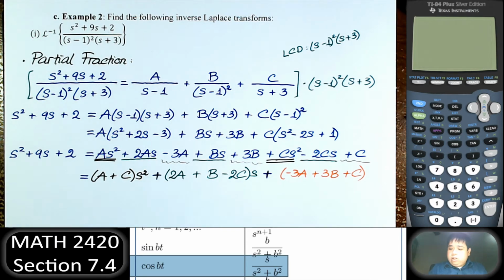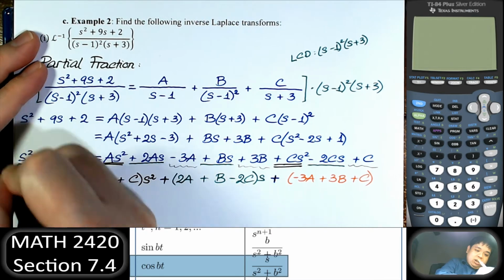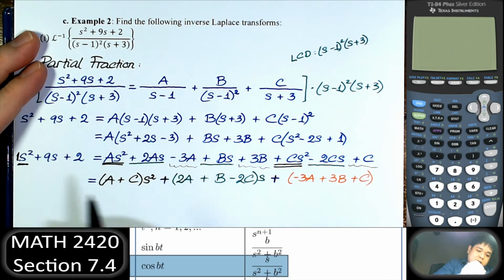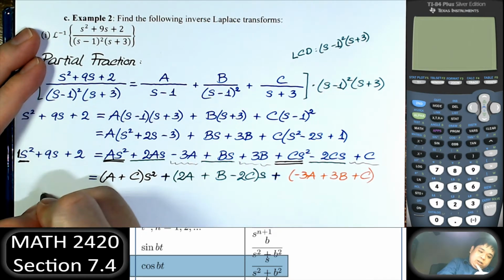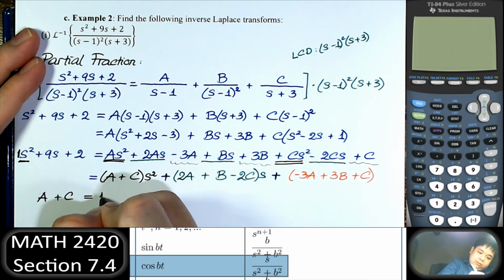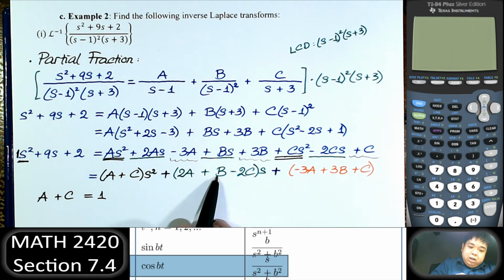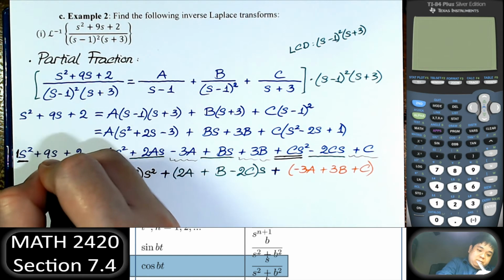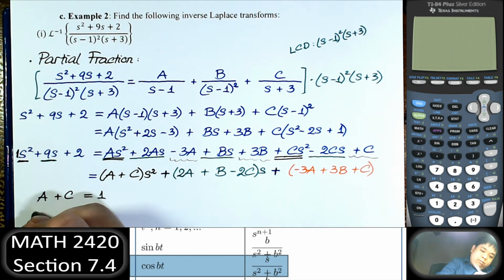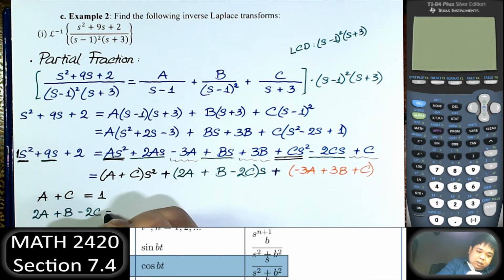Now we just match with the coefficients on the other side. For s squared, the coefficient here is 1, so we have A plus C is equal to 1. Next, (2A plus B minus 2C) times s must match with this 9s, so we have 2A plus B minus 2C is equal to 9.